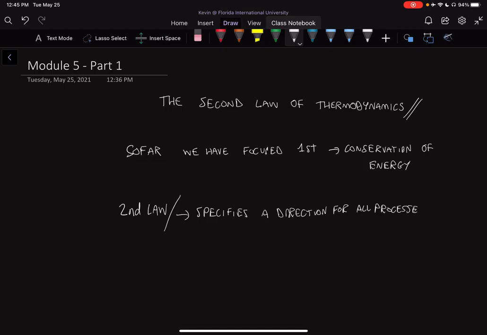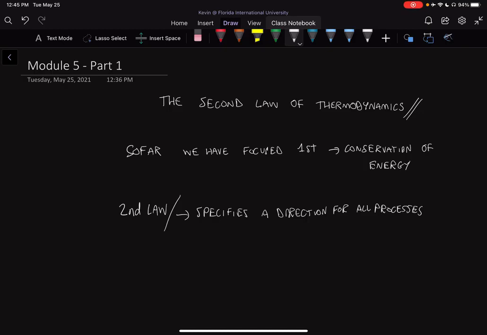And what does that really mean? Well, it means that as humans, we can apply the first law in any direction. There's no real sense of direction when we apply the first law, and we're going to look at some examples.